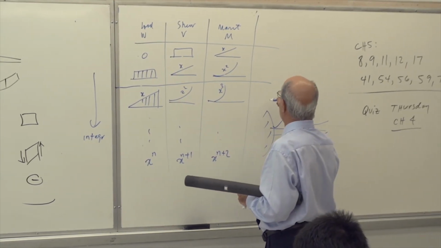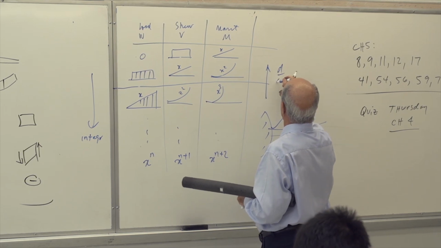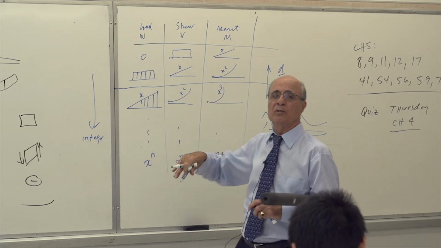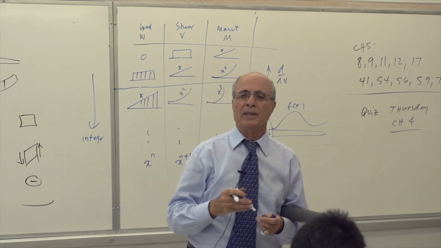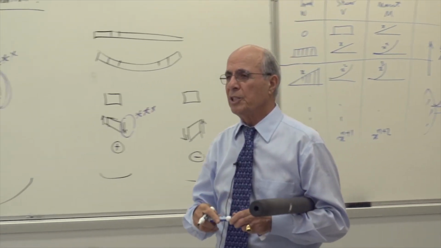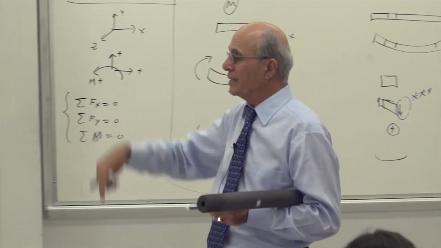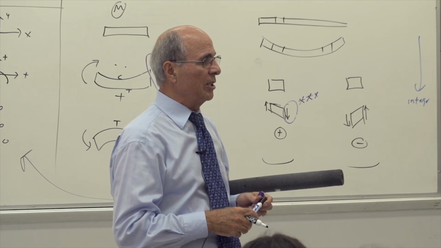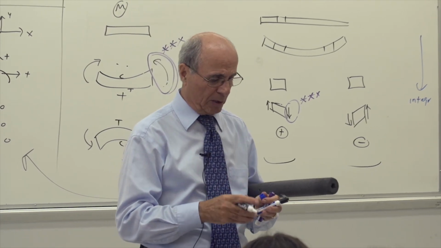This way will be the d by dx. If I give you the moment, you can differentiate to get the shear, and differentiate again to get the force, the load. Is that correct? This relation: going downward, it is integration; coming back, it is differentiation. Is that understood as far as the math part of it is concerned?